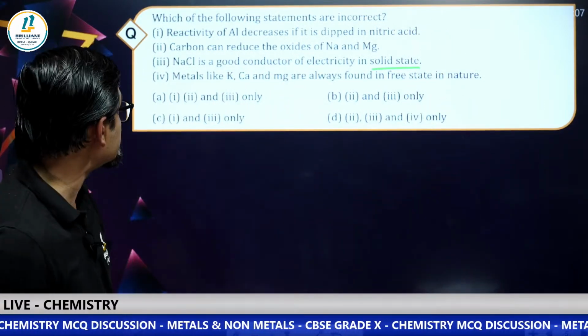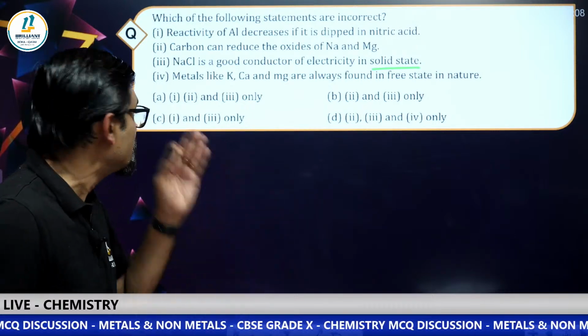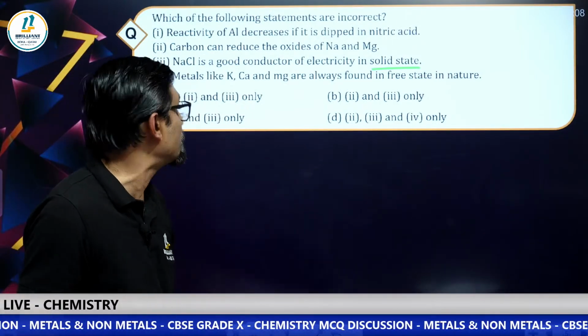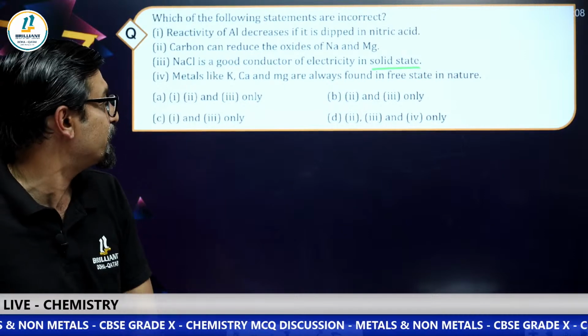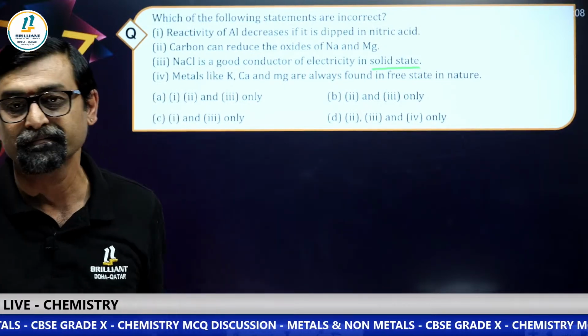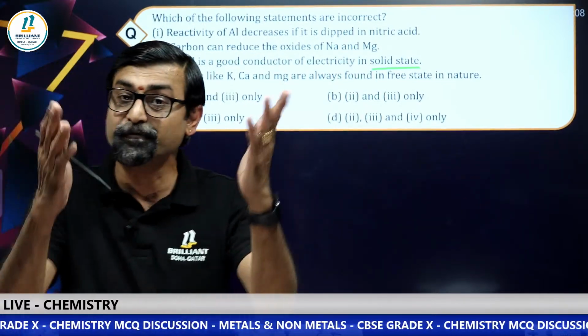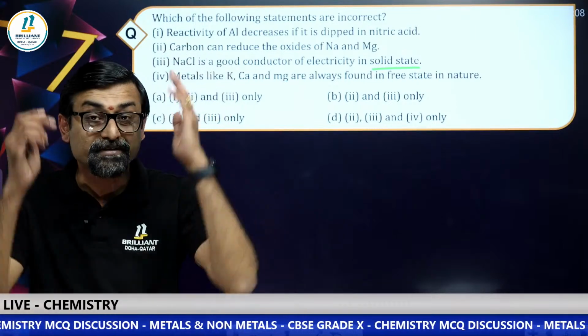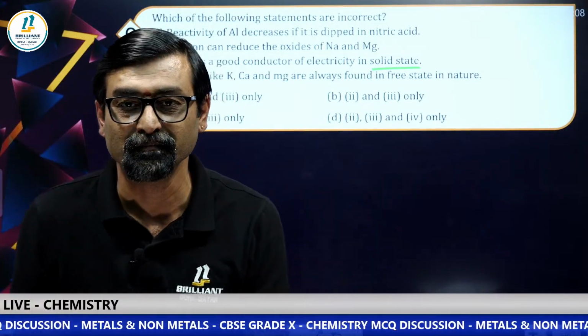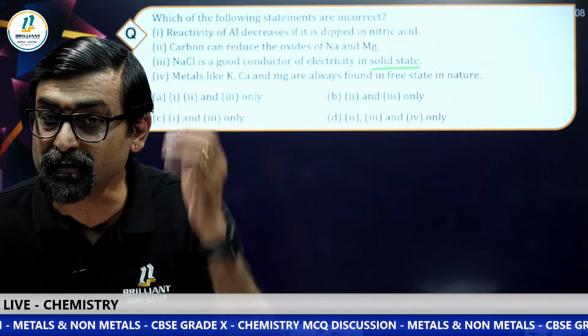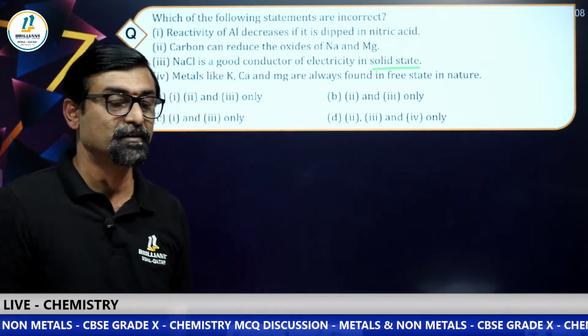Fourth one: metals like potassium, calcium, and magnesium are always found in free state in nature. These are the 4 options before you, and you need to select the right answer.